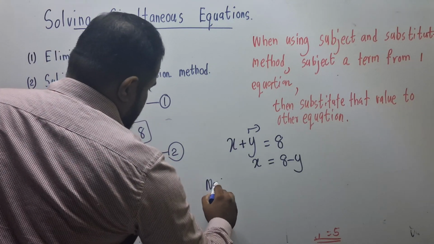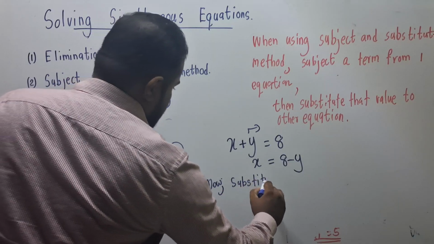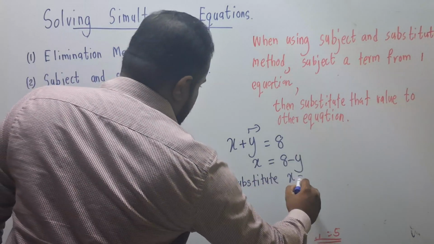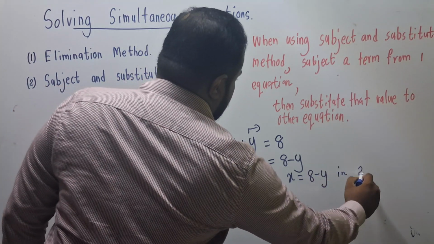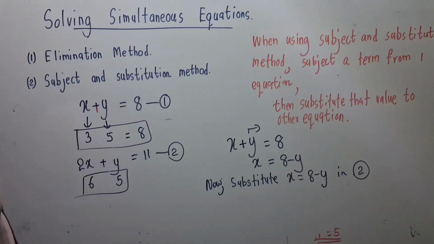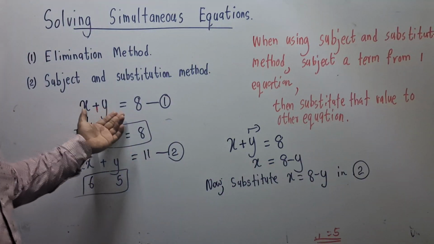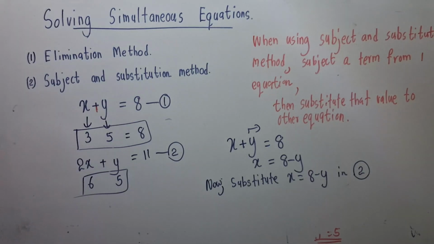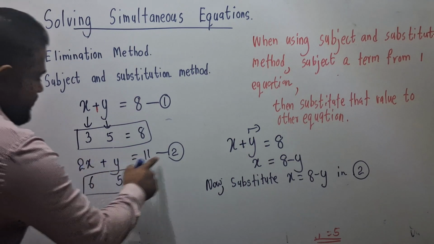Now substitute x equals 8 minus y in equation number 2. Why do I substitute it in equation number 2? Because I subjected it from equation number 1. Then what I am getting is 2x plus y equals 11.